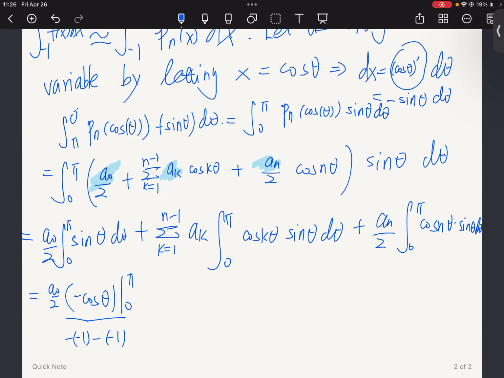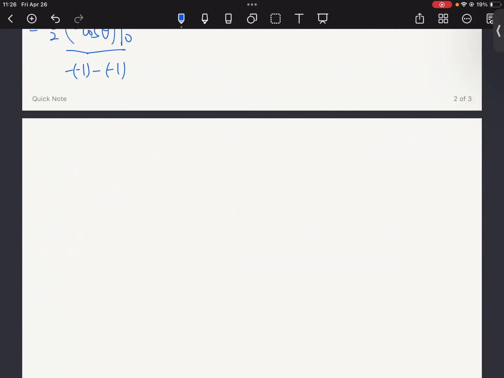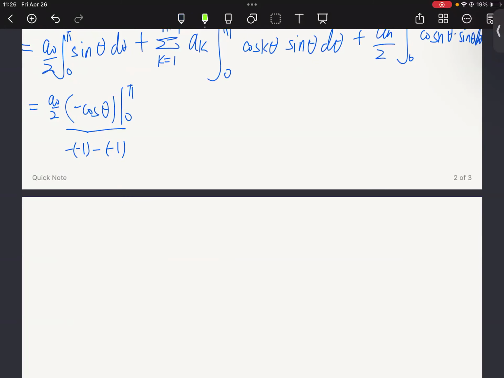Does it make sense? Okay. The first integration, I got this whole thing. It equals A0. And next, I'm going to do the integration for cosine k theta, sine theta.